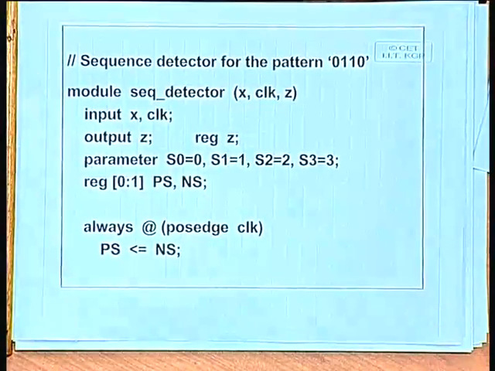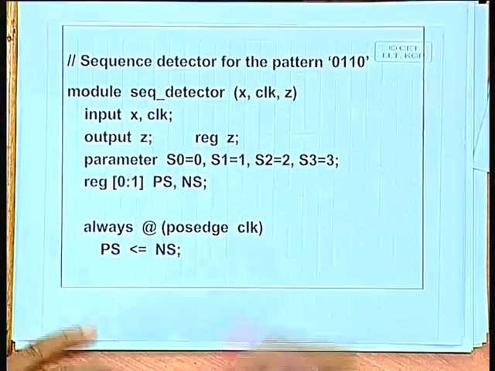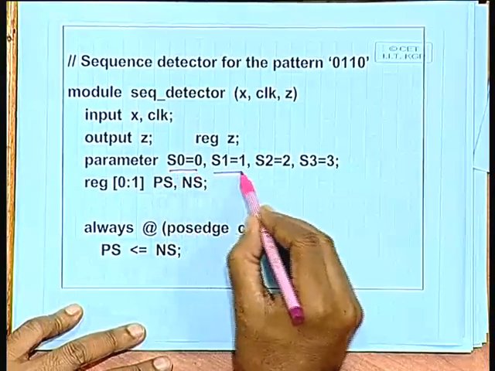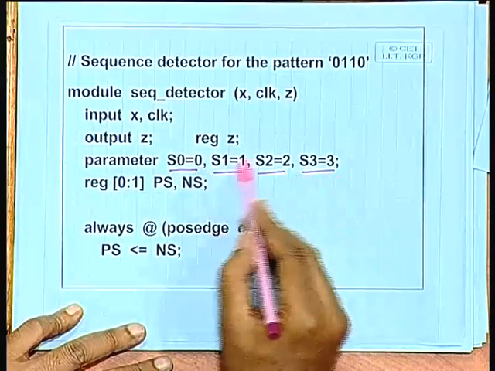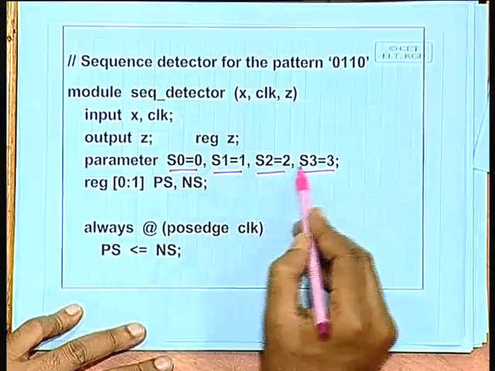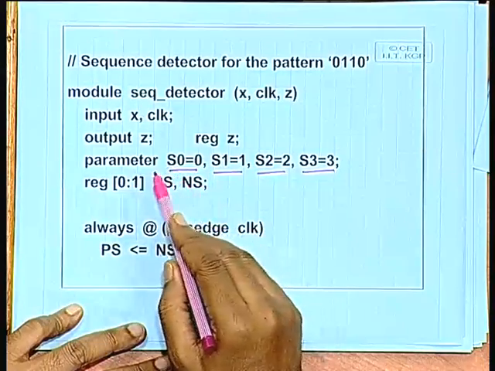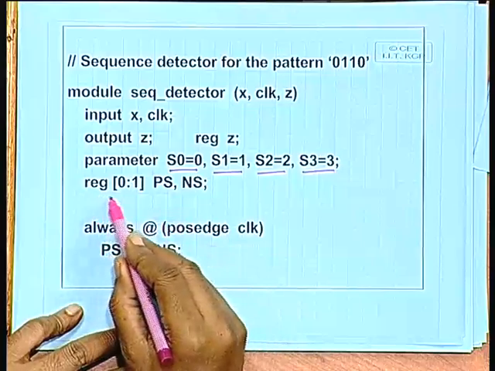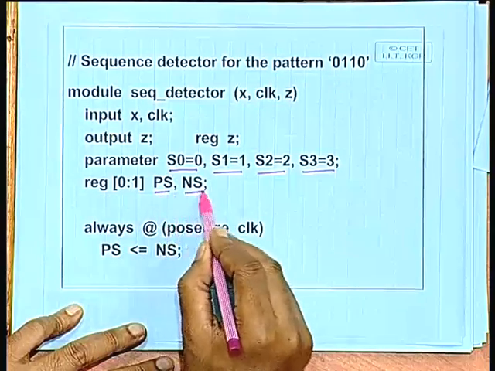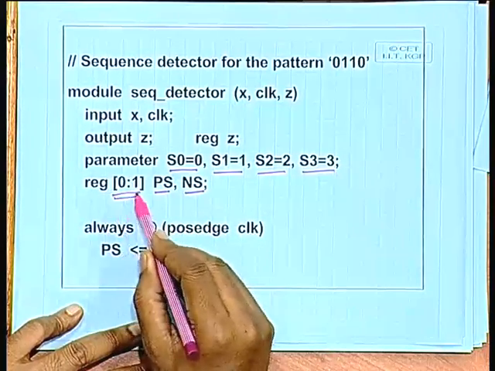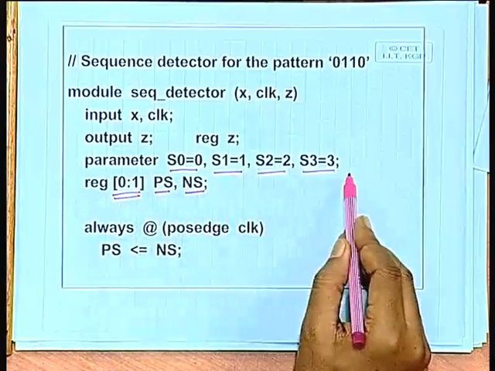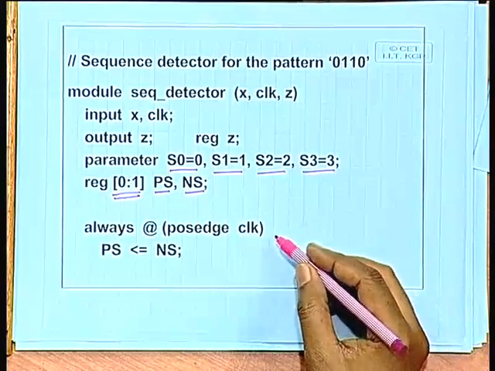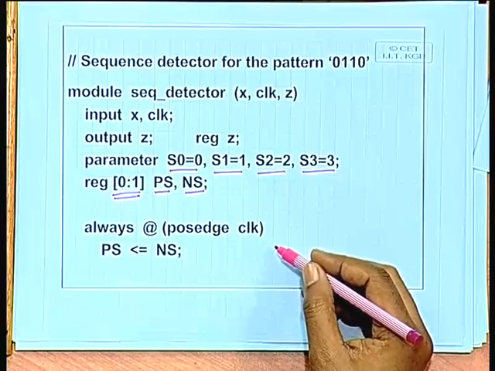The way we can model this is as follows. First part is similar, we have 4 states, which we denote as 0, 1, 2 and 3, we call them S0, S1, S2, S3. We have the present state and next state, both of which have to be represented by 2 bits because there are 4 states, and we use 2 different always blocks.